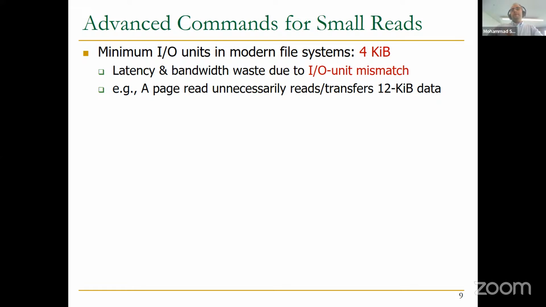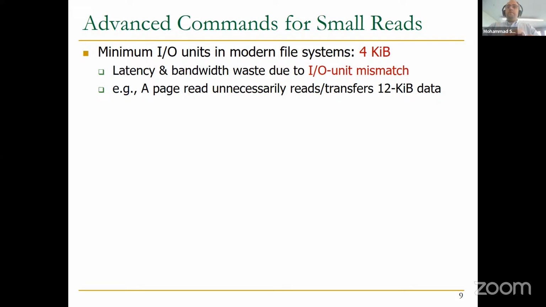And in modern SSDs, most of the time, especially when your SSD is optimized for cost and bandwidth, we are using page sizes of 16 kilobyte. Only for SSDs that are optimized for access latency, we are using smaller page sizes like 2 kilobyte or 4 kilobyte or so. But most of the SSDs that we are using nowadays have 16 kilobyte page sizes.